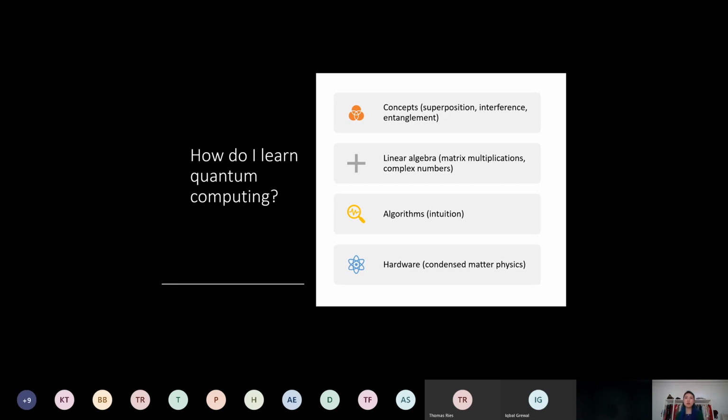And then you need some linear algebra, but you don't have to be super good at maths. You just need some matrix multiplications and to know about complex numbers. But I think it's more of a mental barrier for people rather than the ability to do linear algebra.